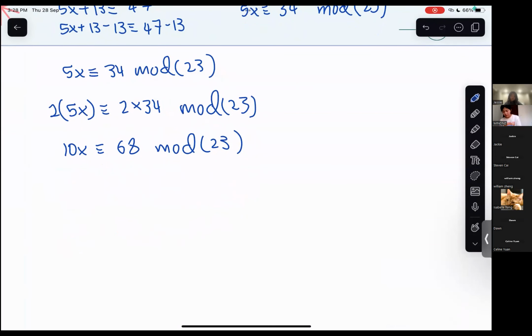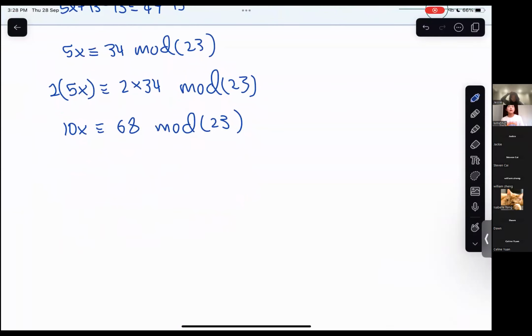Because remember we talked about when we're thinking about a residue class, which is the possible remainders we can get, it really should lie between, in this case, 22 and 0, right? Because if it gets any bigger than 22, like 23 or 24, we can subtract 23 again from it and we can simplify it, right? So we really should get a number that lies between 0 and 22.